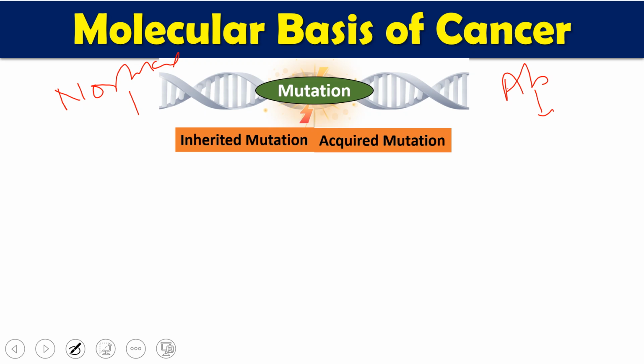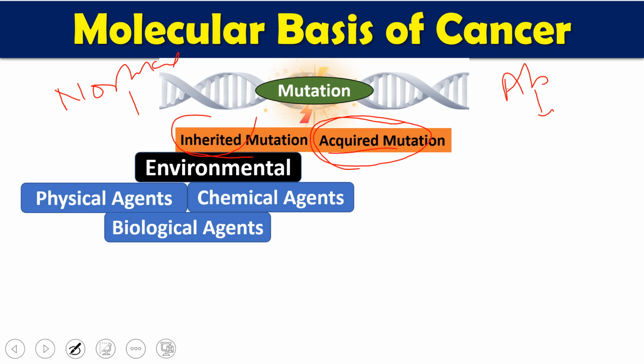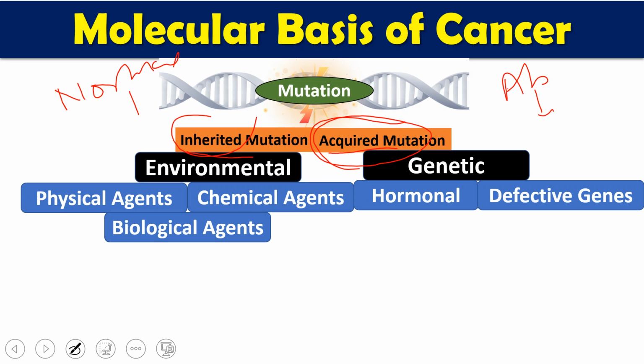These mutations can be either inherited or acquired. Environmental factors normally cause acquired mutations, which occur after birth, and inherited mutations we normally get by birth. We have already seen that environmental factors have three different branches, and for genetic factors we have either hormonal or defective genes.